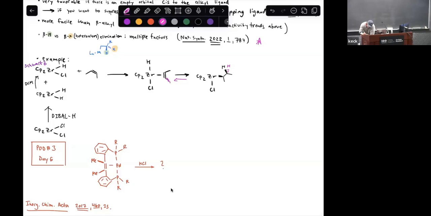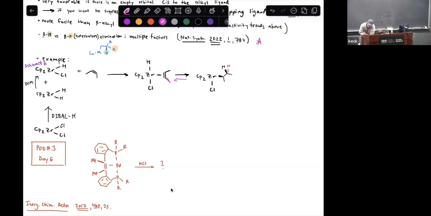Ningxi, what do you think? Will it migrate to the primary position? Okay, give me some elementary steps for how it's going to migrate to the terminal position. It will do beta hydride elimination with the primary methyl proton.